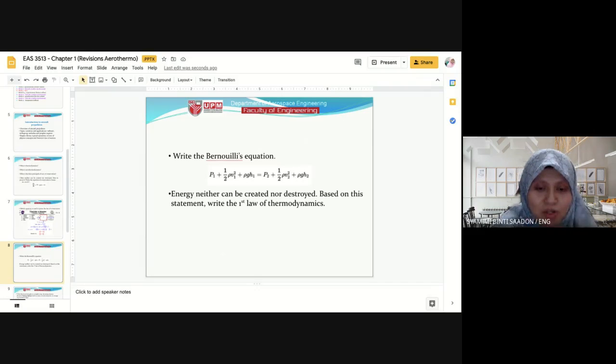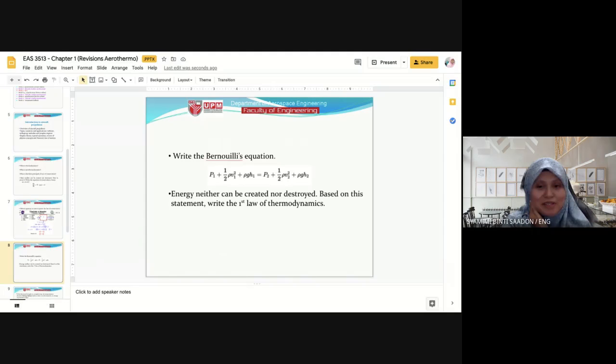Next question. Energy can neither be created nor destroyed, the same as mass. That's why we have conservation of energy and conservation of mass. Based on this statement, write the first law of thermodynamics. As I mentioned just now, the first law of thermodynamics is the energy equation. The second law of thermodynamics that you learned in aerothermo is on entropy and irreversibility. So, try to recall the first law of thermodynamics.